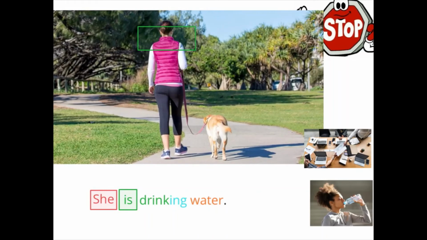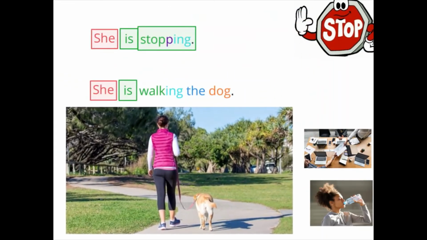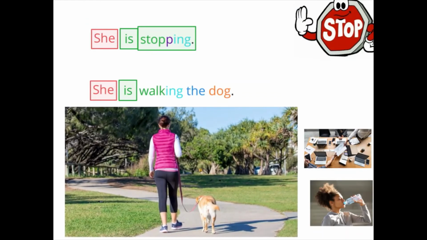She is walking the dog. So here you can see she is walking the dog. Now with this verb, walk, you can use an object, but you don't have to. Well, most of the time we would not. I can't think of very many things we would be walking. I think walking the dog is the only one I can think of at the moment.